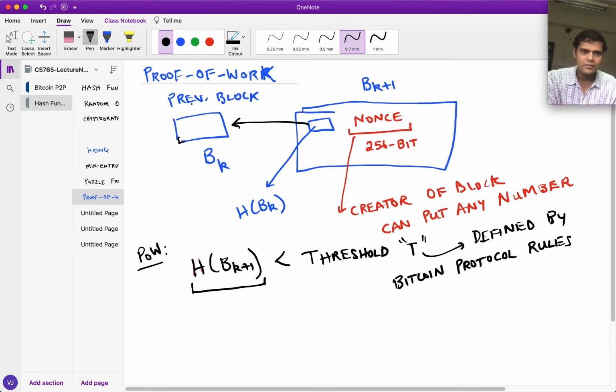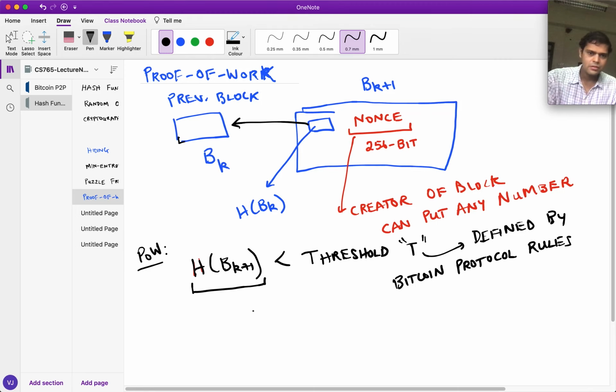So let's say everybody's got this previous block. He calculates the hash value and puts it in the potential next block. Right, so this is the potential next block. And then in this nonce field, he keeps trying out different values. One algorithm would be, of course, to put in 0, then 1 and 2 and so on. He keeps changing the value and keeps calculating the output.